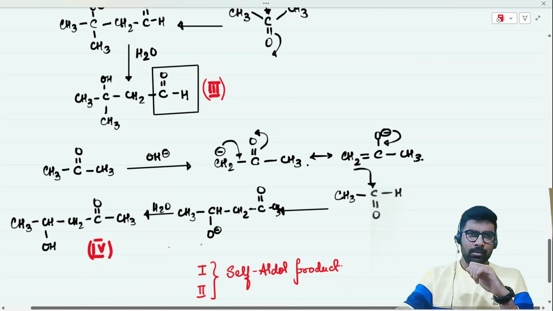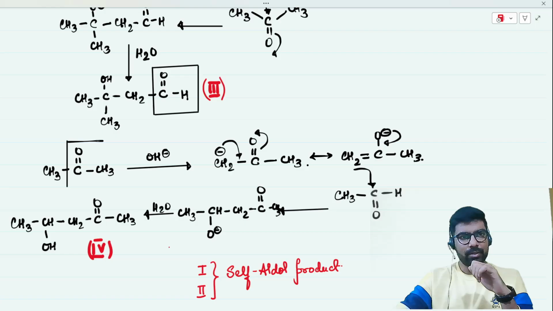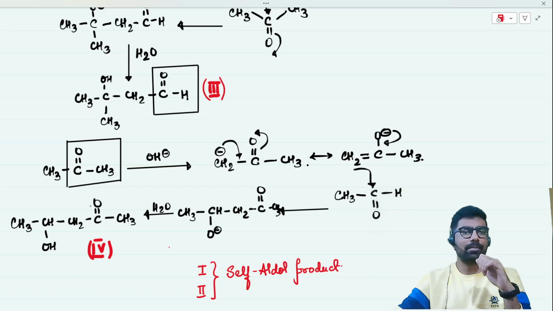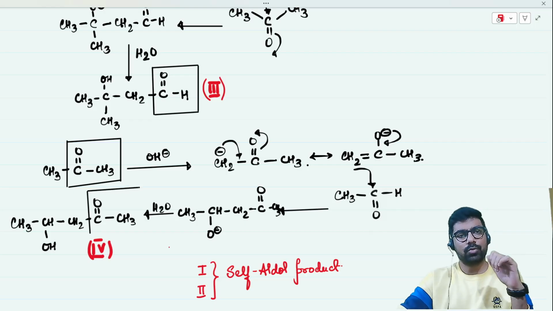Over here, OH first attacked the ketonic group, and the aldehyde was attacked second in the latter part. So what group is retained? The group that is retained is a ketone.